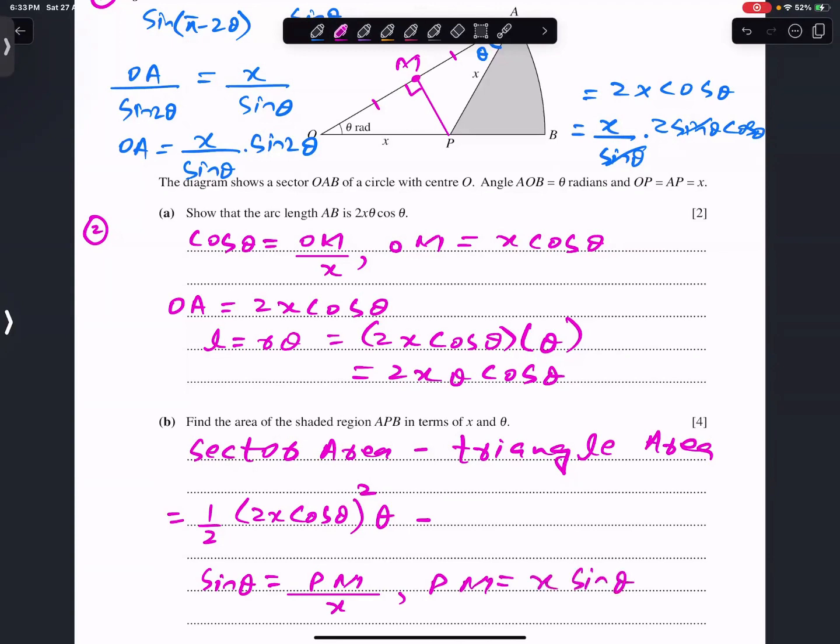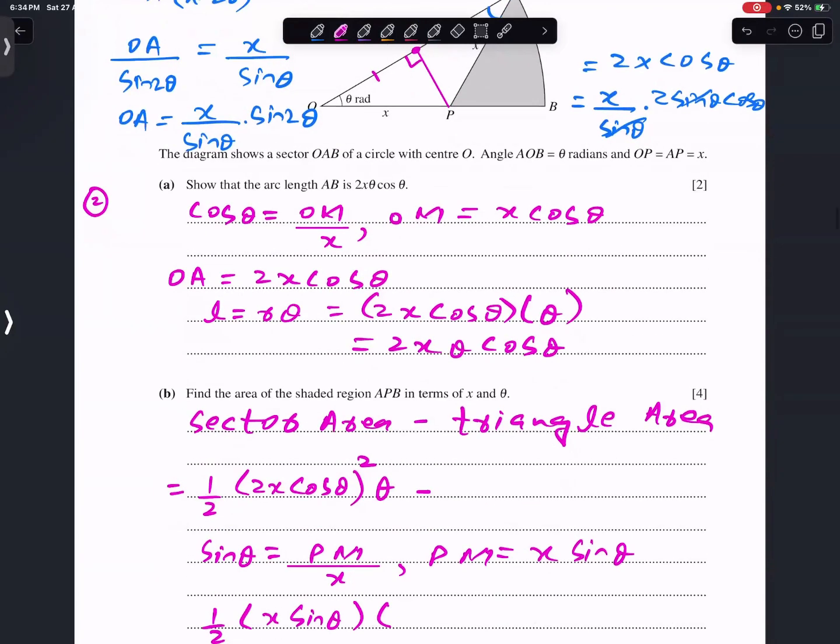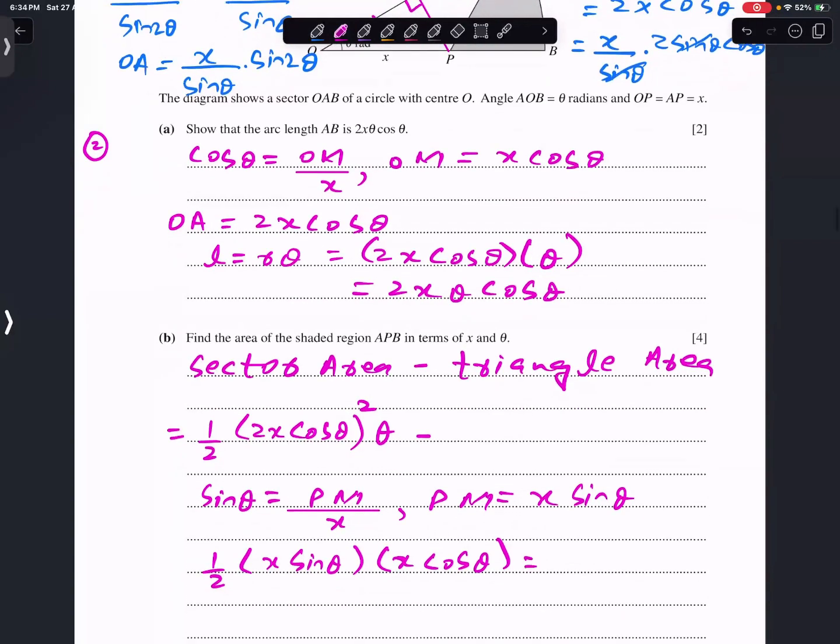So this is my height of smaller triangle. So area of one triangle will be half of height, which is X sine theta, times base. Base was OM, which is X cos theta. So this will be half of X square sine theta cos theta.